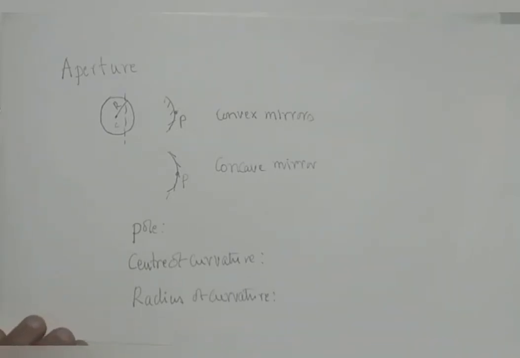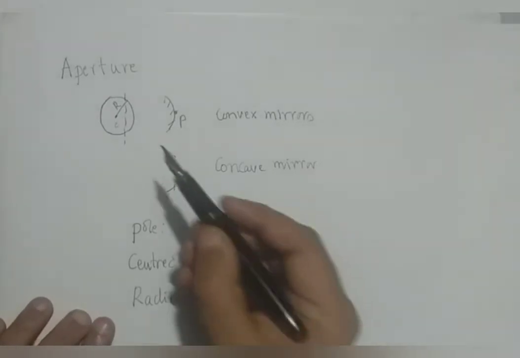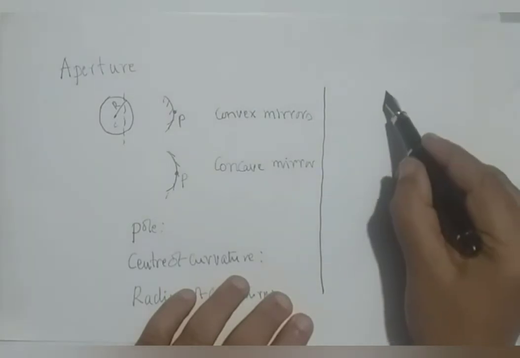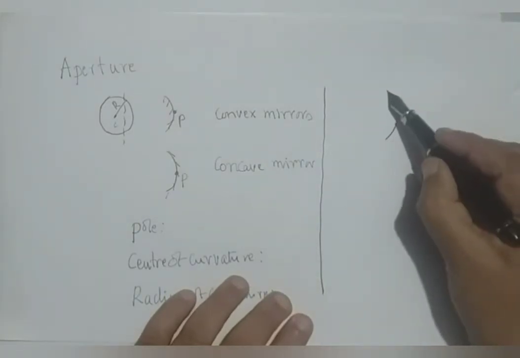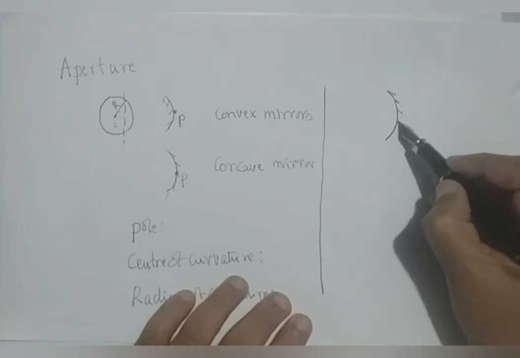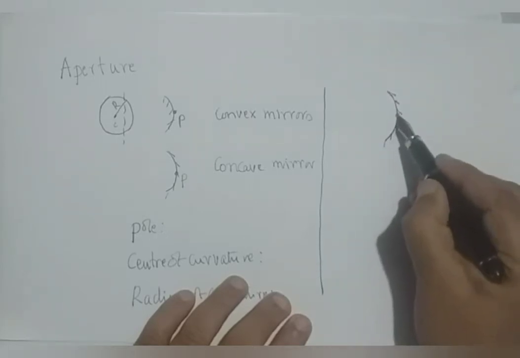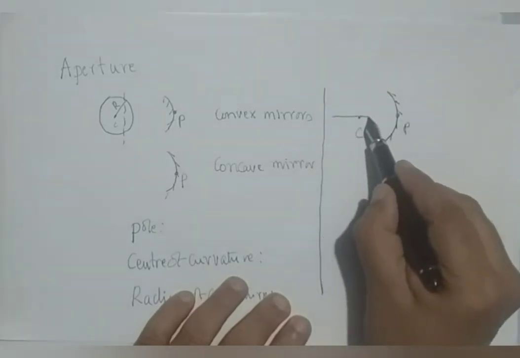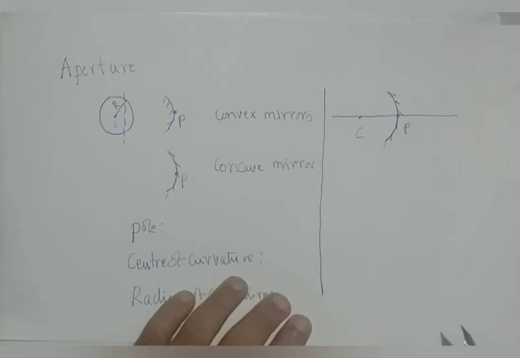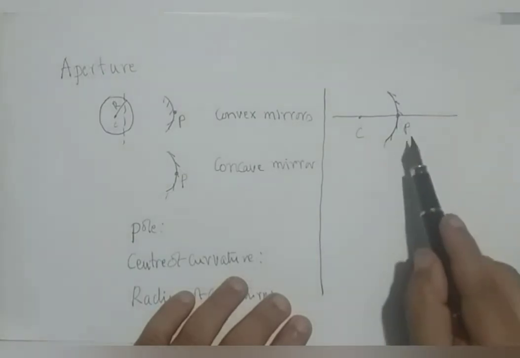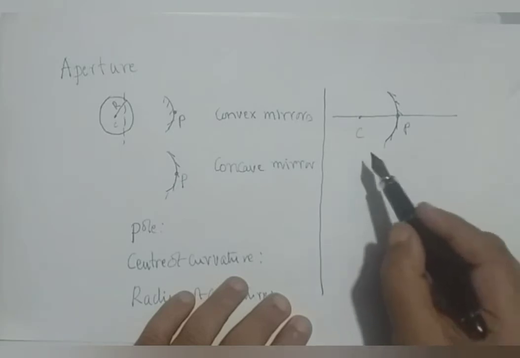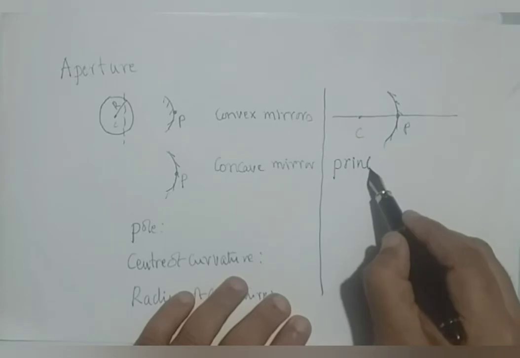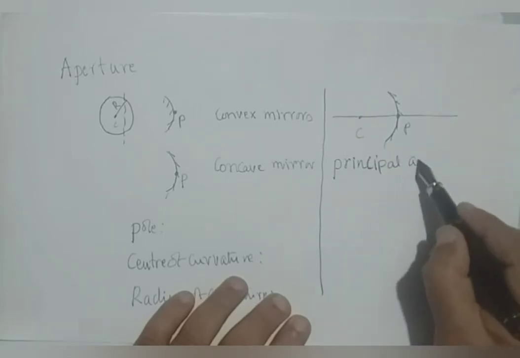So, with these basic definitions, we will go for the next definition. Say, I draw the figure, one more figure like this. I take a concave mirror like this, and I mark a pole there, and I mark the center of curvature. If I join these two by a line like this, then this line passing through the pole and the center of curvature is called the principal axis.